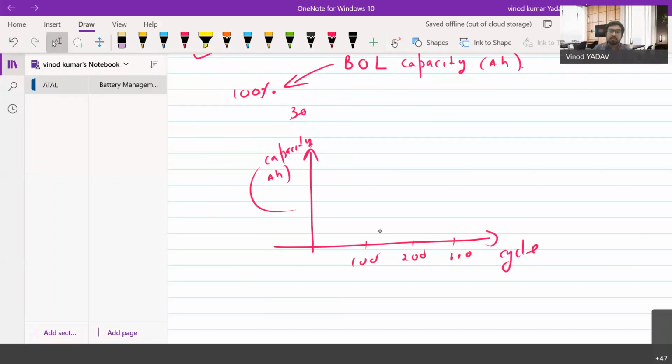Initially, let's say the capacity of the battery system was 50 ampere hour. After let's say 20 charge cycles, the capacity remaining is 47 ampere hour. After a few more cycles, let's say at 600 charge cycles, the capacity is 44 ampere hour. So this is how the capacity of the battery cell degrades with the charge cycles, the number of times the cell has been charged.